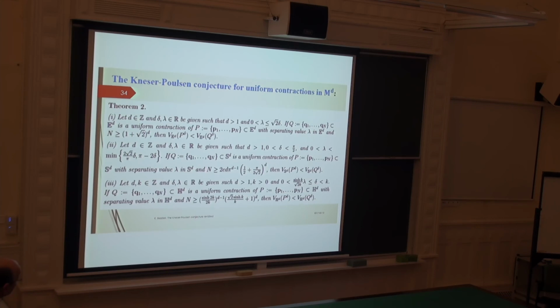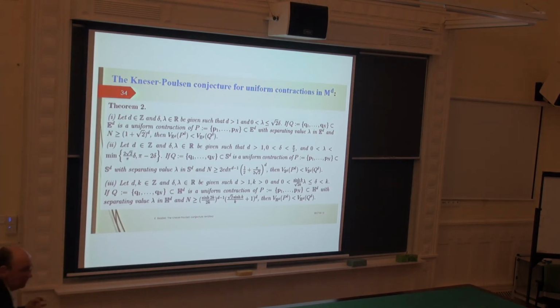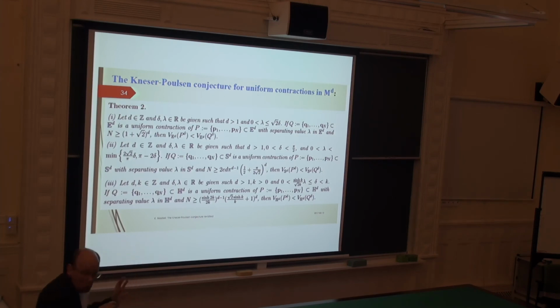And if n is sufficiently large, the number of points is sufficiently large, and here you see this does not depend on either lambda or mu, this depends on the dimension only, then the Kneser-Poulsen result holds. So this is the theorem that I prove based on this Blaschke-Santalo type volumetric result.